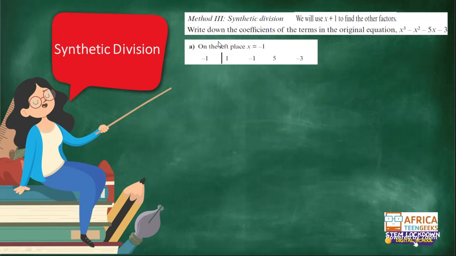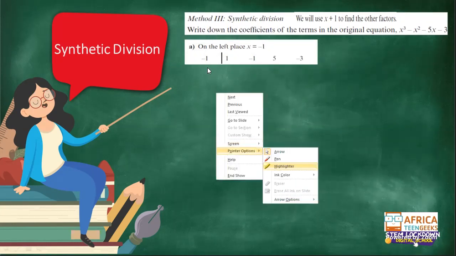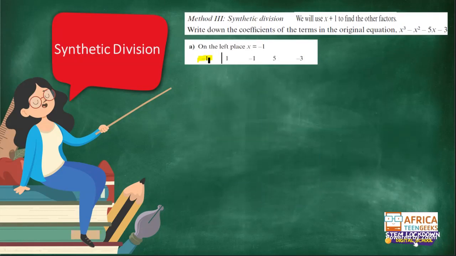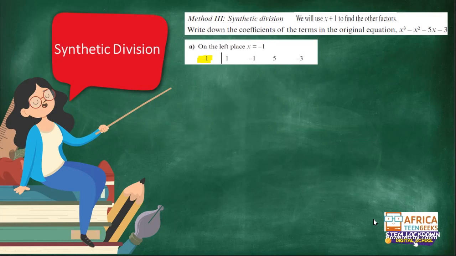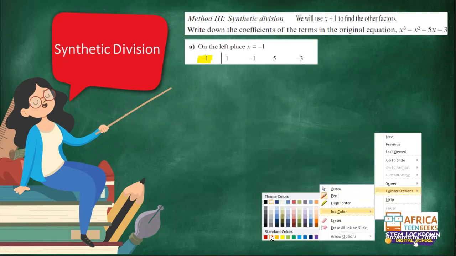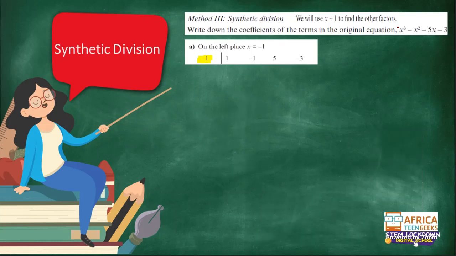Synthetic division, you still use your factor, or your root, and then you write the coefficients of your original term. So you'll have 1, -1, -5, -3.